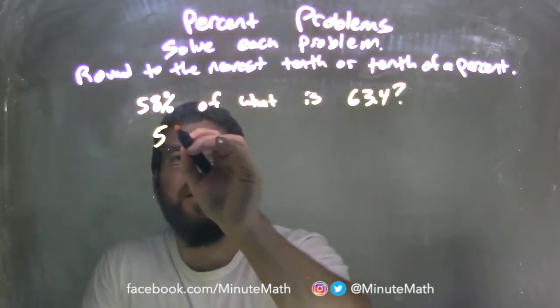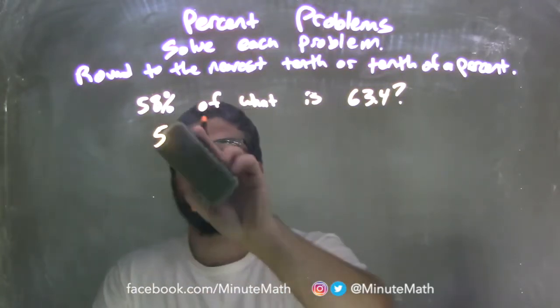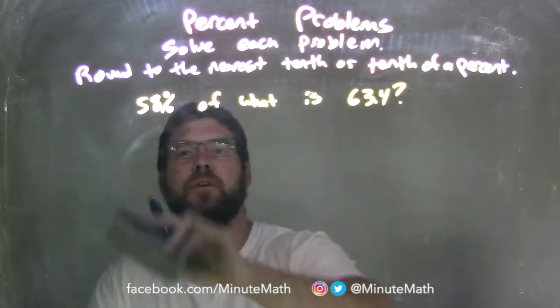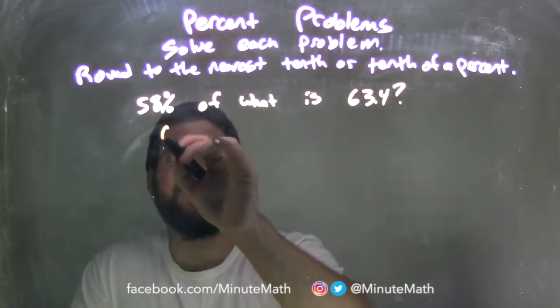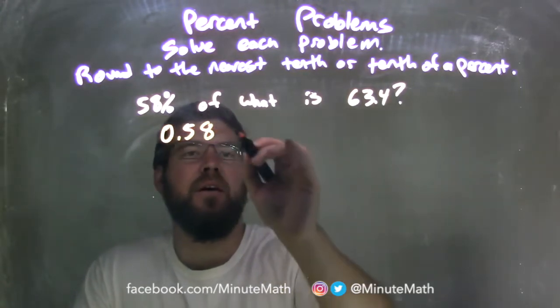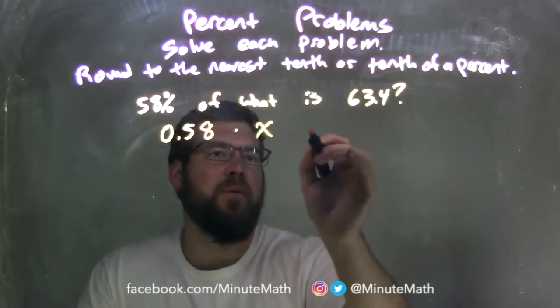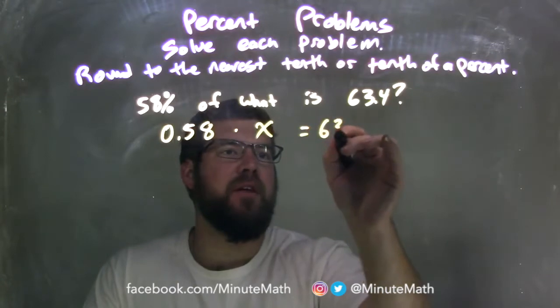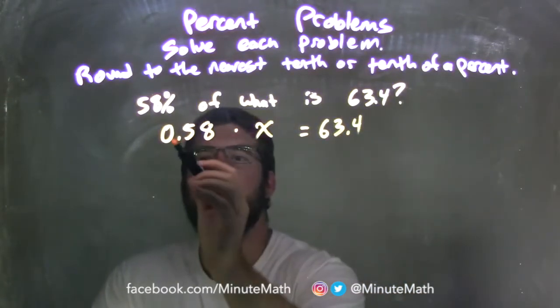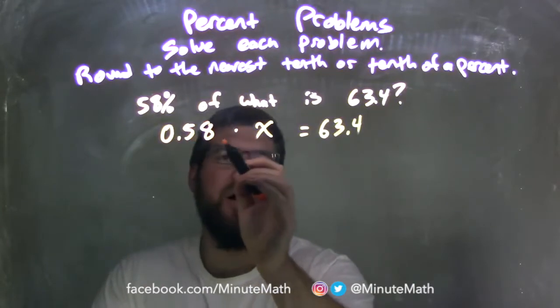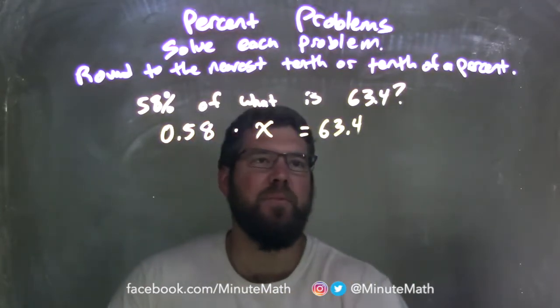I'll convert that to a decimal first, the 58%. So 58% converts to a decimal to be 0.58 of what, our variable, is 63.4. So that's really what they're asking us here. 58% of what is 63.4.